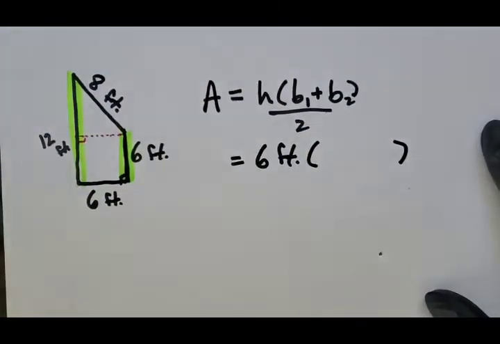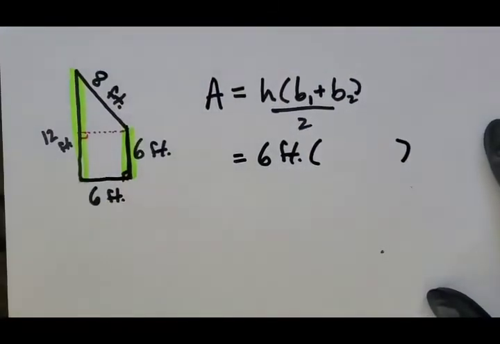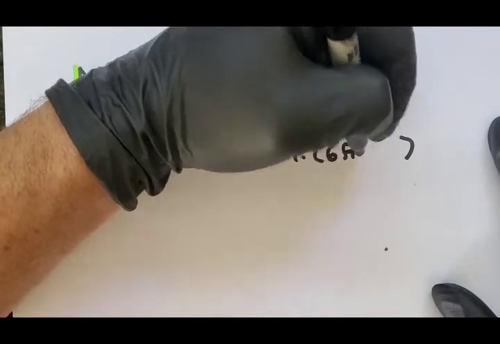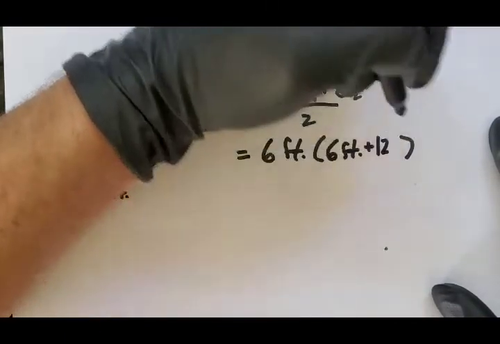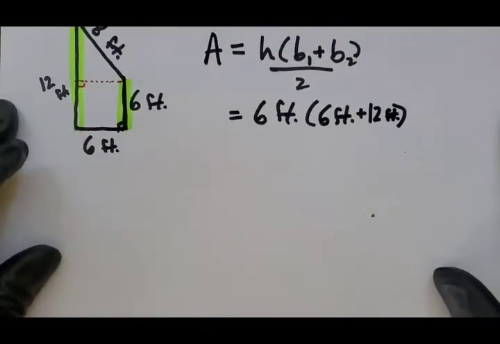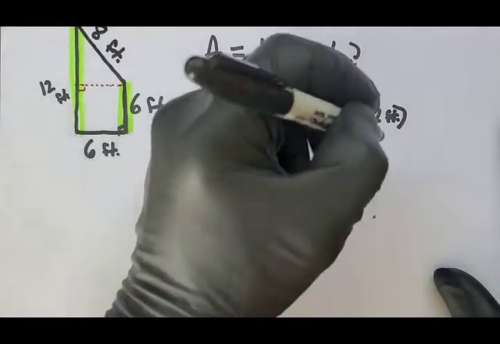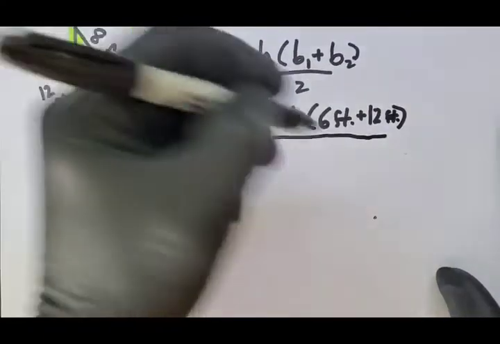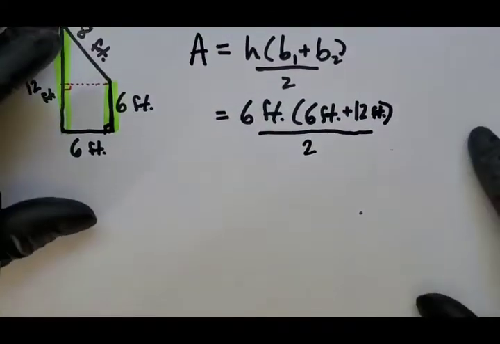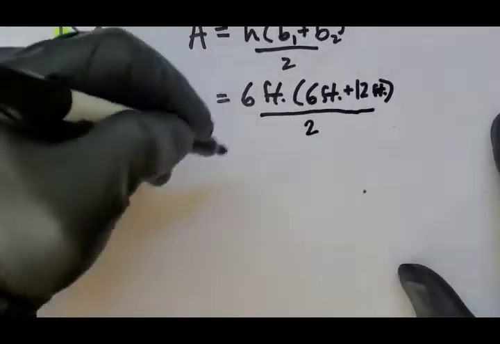And then the bases are these green sides here that I've highlighted. So one of them is 12 and the other one is 6. Doesn't matter how you put that in, because it is commutative, and the order of the addition does not affect the sum. And then, I almost forgot, all of it divided by 2, or times 1/2 as your textbook likes to show.